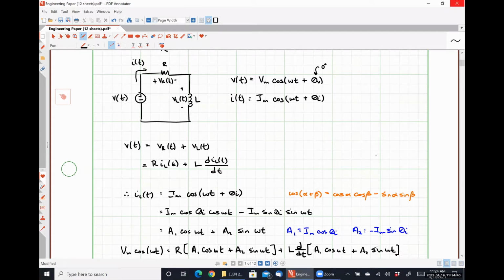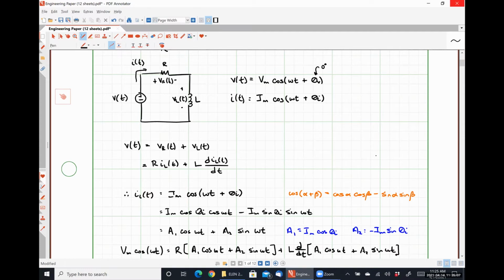So what some people, people much smarter than me for sure, figured out is that this sinusoidal time domain expression, Vm cosine omega t plus theta v, is the real part of a complex number, all right?